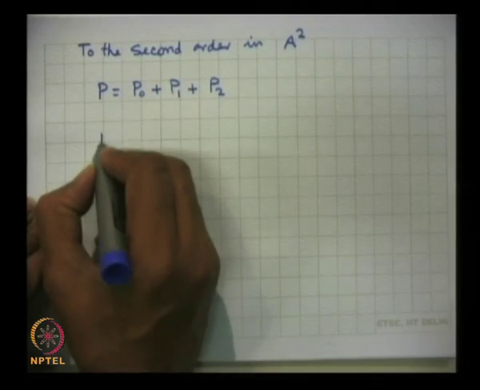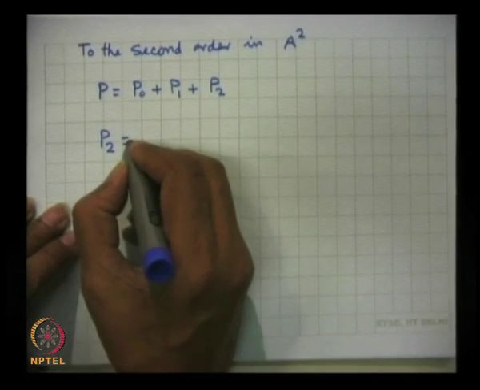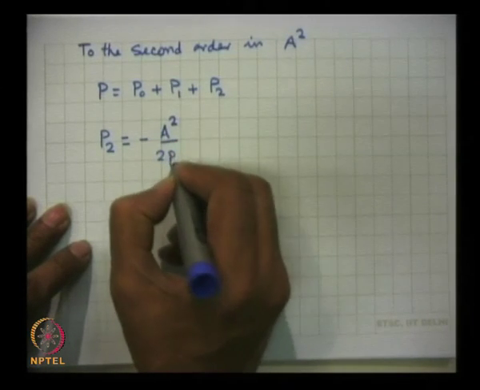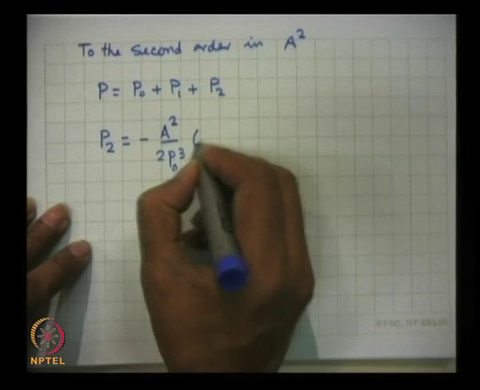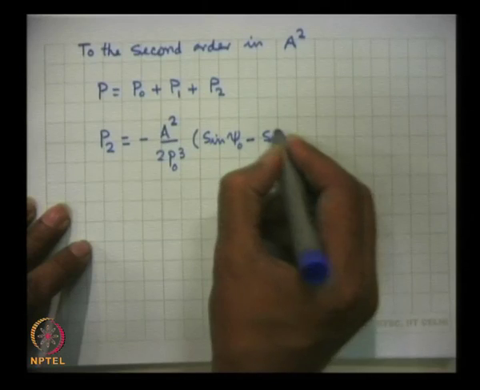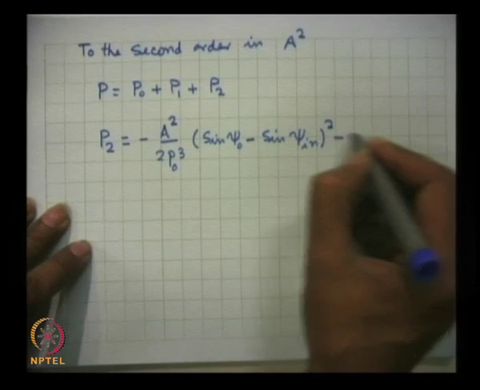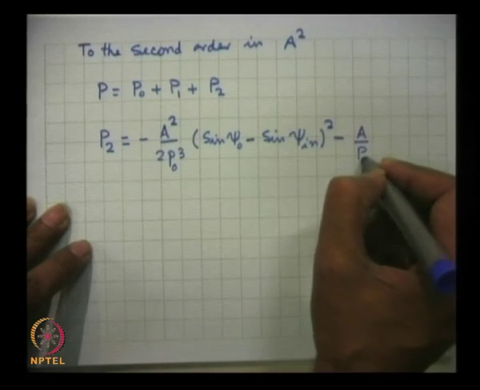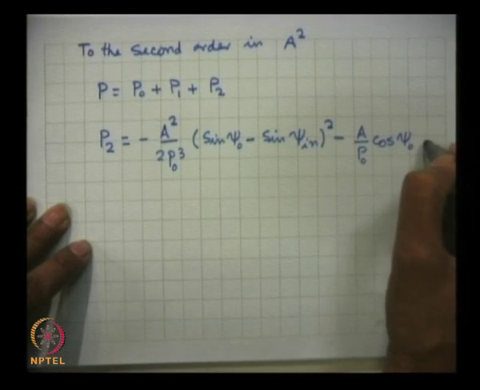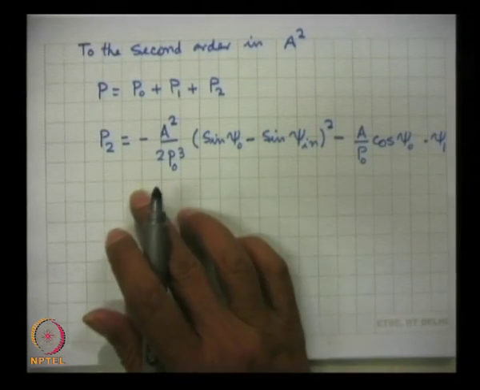So, P2 turns out to be, from this expression for P, P2 is equal to minus A square upon twice P0 cube into sin psi 0 minus sin psi in, square, minus A upon P0 cos psi 0 into psi 1. This sort of expression you get for P2.